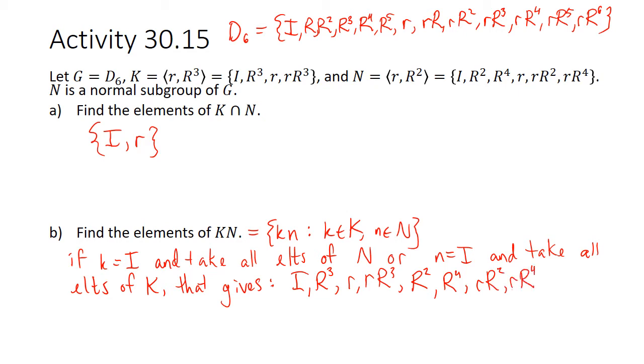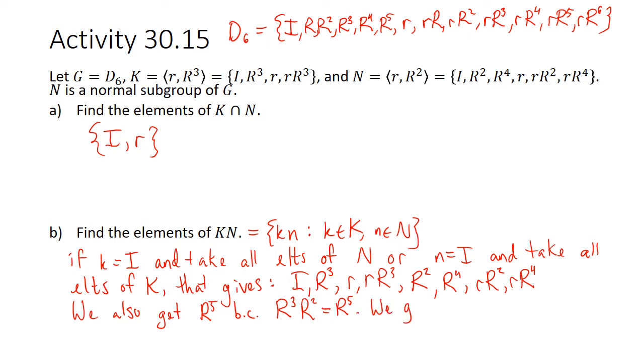And then what are the things that we didn't get yet? We also get r to the 5th, because r cubed times r squared is r to the 5th. That's an element from K and an element from N being multiplied together.